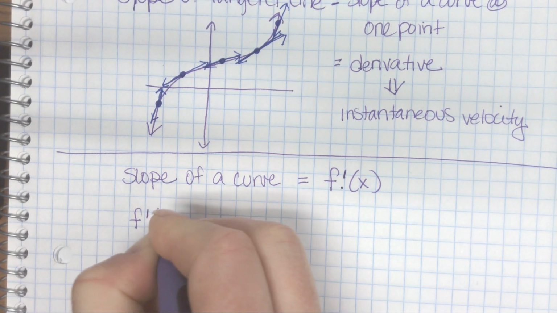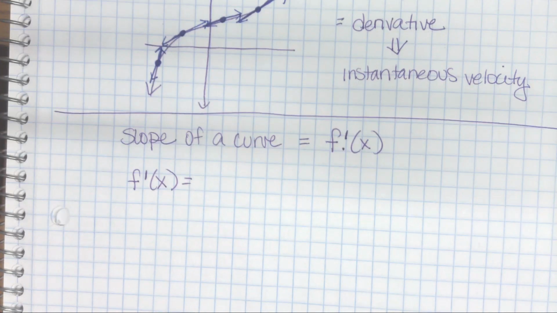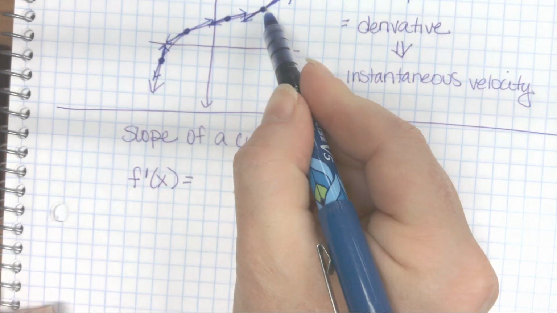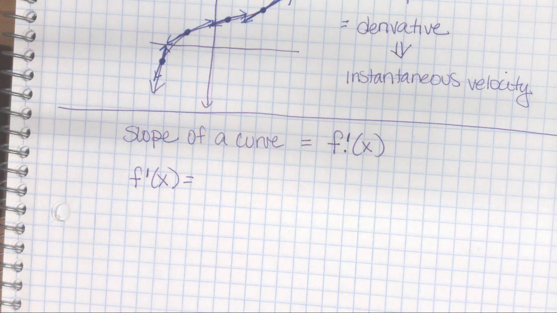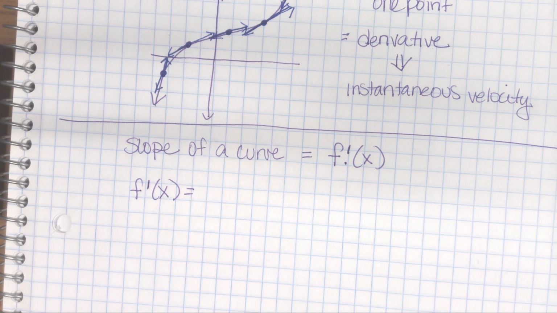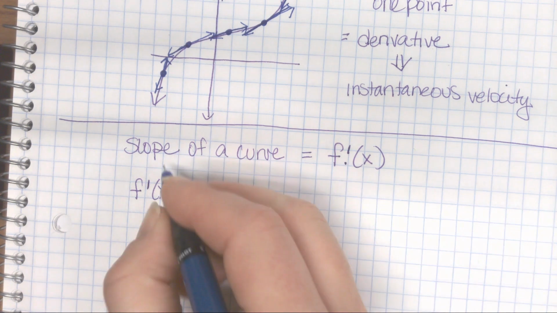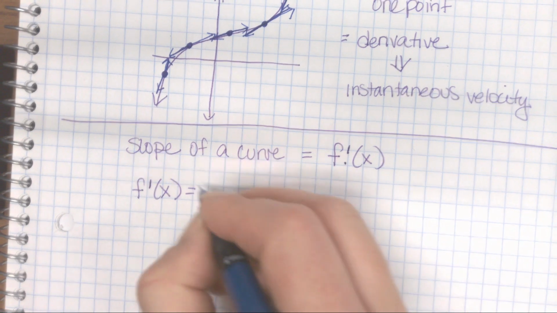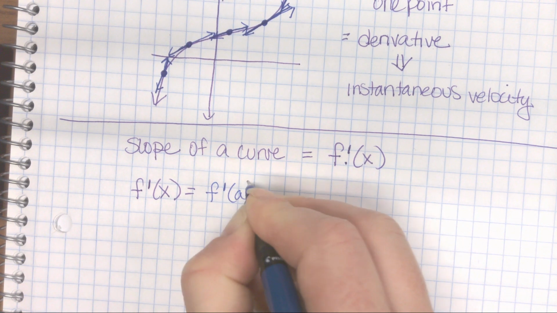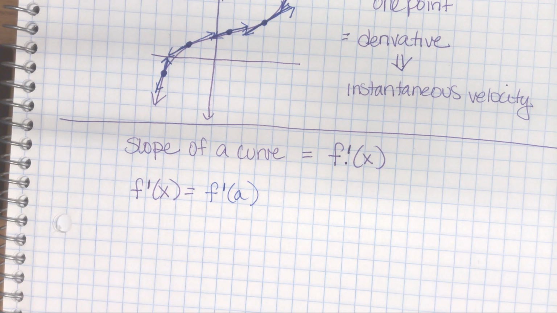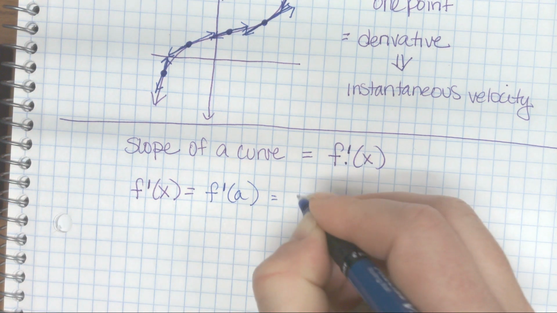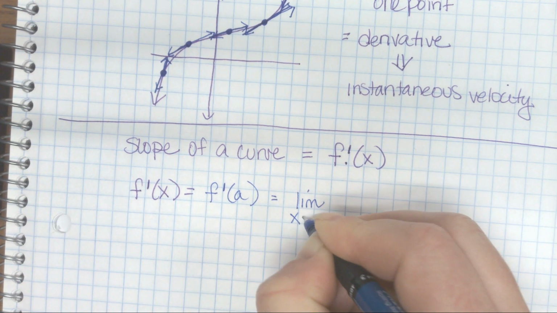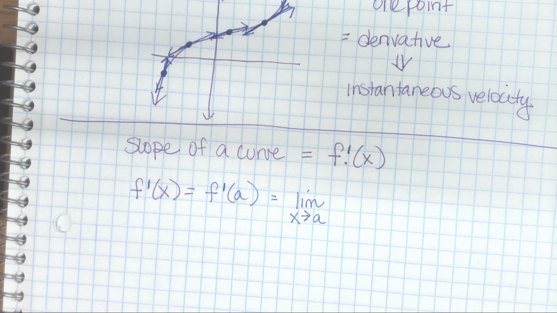To find f prime of x, this comes from the slope formula. Remember what we did in class, how we kept picking points closer and closer to the point we wanted? Do you remember that on Friday? So to find the derivative at a specific point, we'll call that point A, we're going to find the limit as x gets really, really close to A. We're going to pick a point really close by, and then plug it in the slope formula.